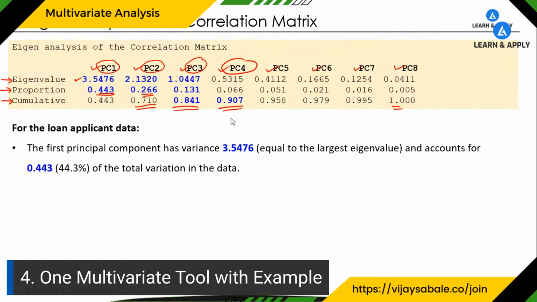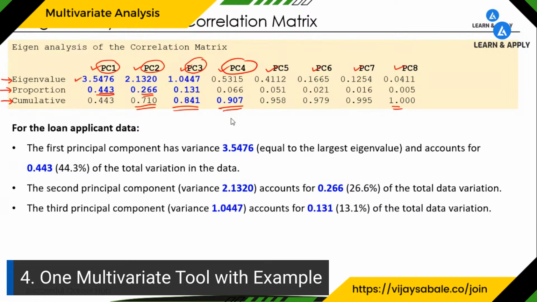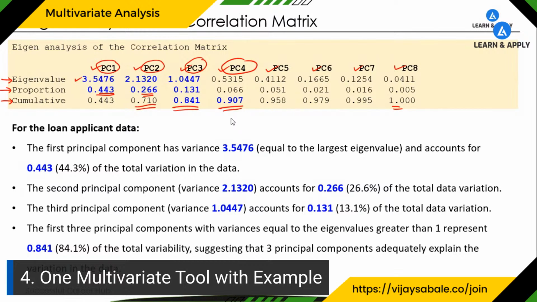The first principal component has a variance of 3.5476 that accounts for 44.3%. The second is 26.6% with a value of 2.13. The third is 13.1% with a value of 1.04, and then there is a fourth component. If you add the first three components, they explain 84.1% of the variability out of 100%.